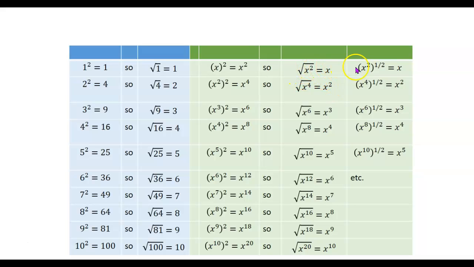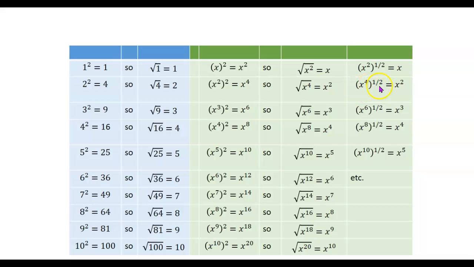So taking the square root of something like that would really be the same as taking something like that to the 1/2 power. Because remember, when you take something to a power and then take that to another power, you multiply the exponents together. So x to the 2 power to the 1/2 power would just be x to the 1 power, just x itself.